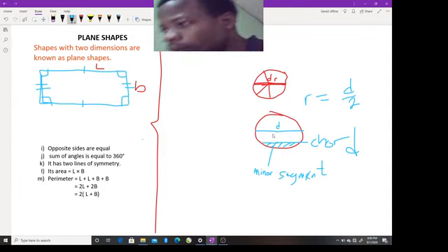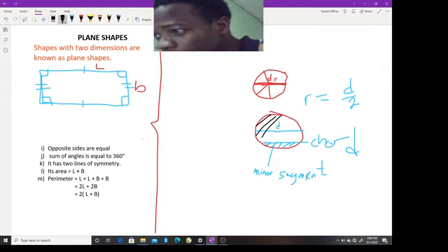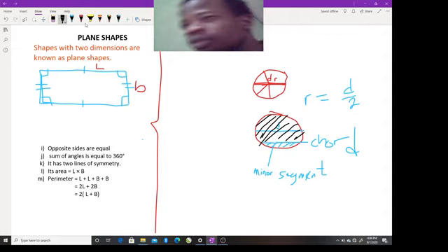But if you have this other side shaded, let me use another marker. You can see that the remaining part of the circle is larger. So this is known as the what? It is known as the major segment.